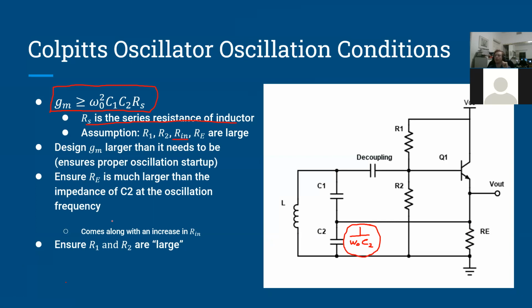Okay, so that's one assumption. And then the last thing is just make sure R1 and R2 are large-ish. Exactly how large they need to be is not too important, as long as they're not small. You usually want them to be larger than the reactances of the L's and the C's, such that they don't affect that part of the circuit.